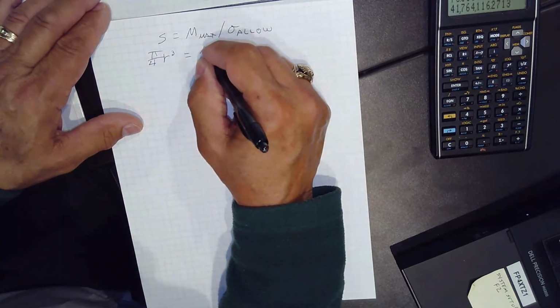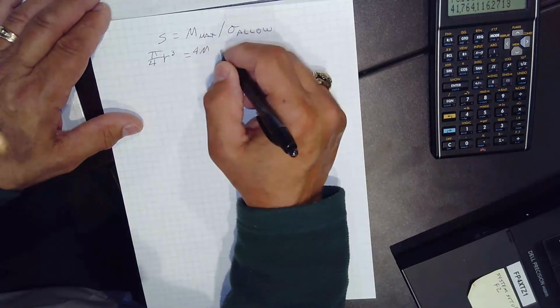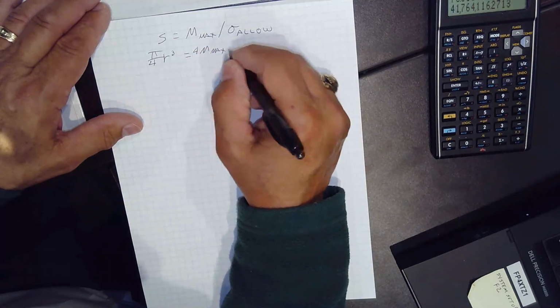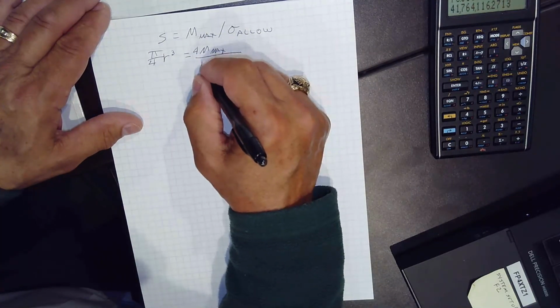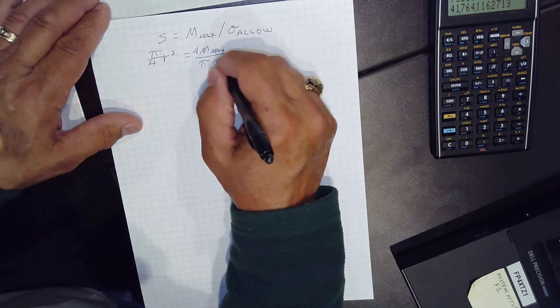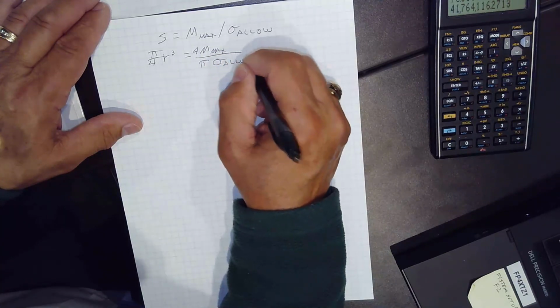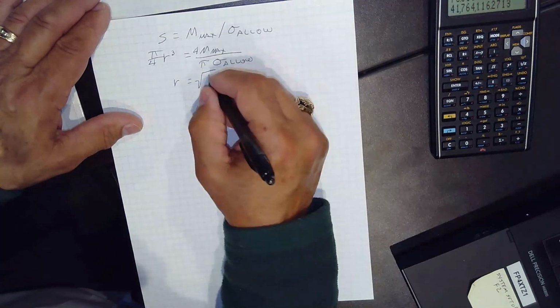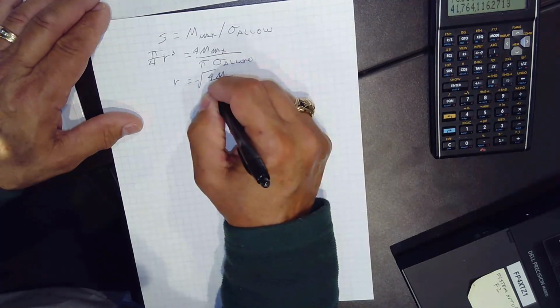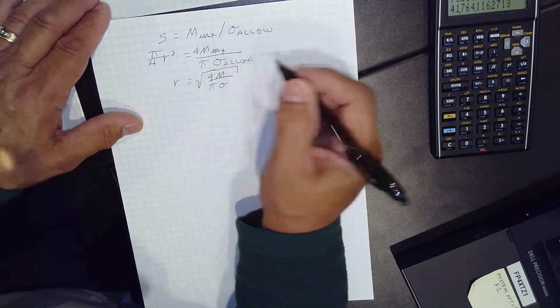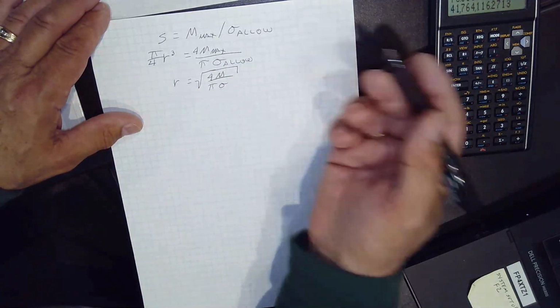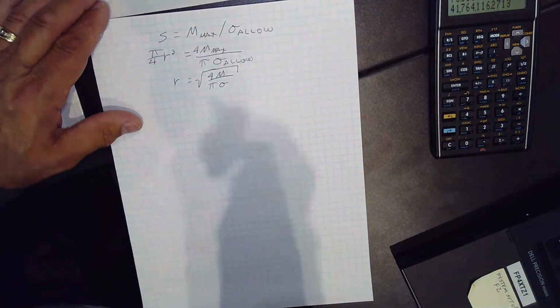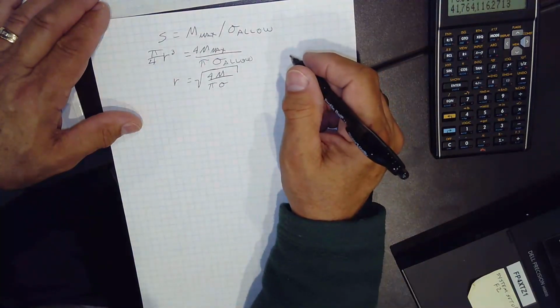So that's going to be M times 4 over pi sigma allowable. And so R is going to be equal to the cube root of that. And there you go. Now you've sized your shaft, your round shaft.